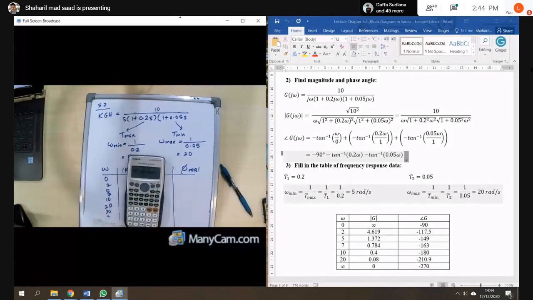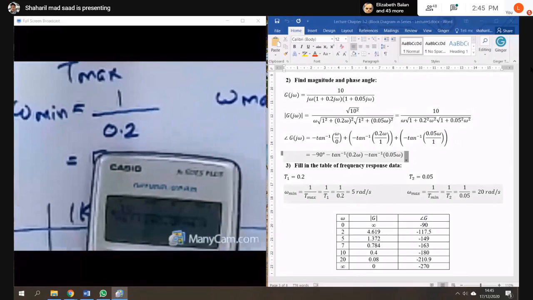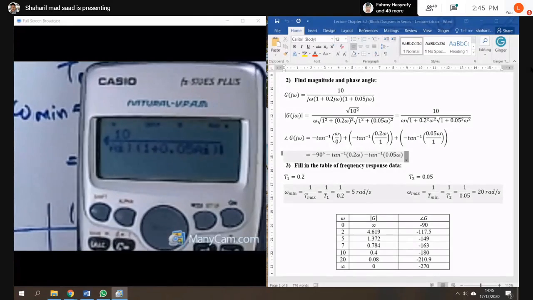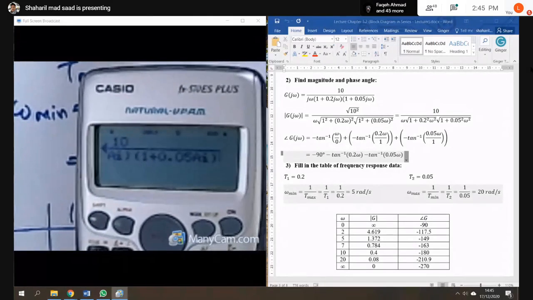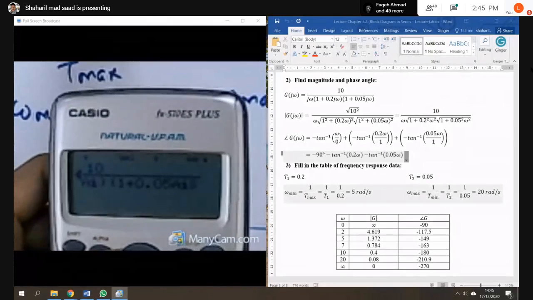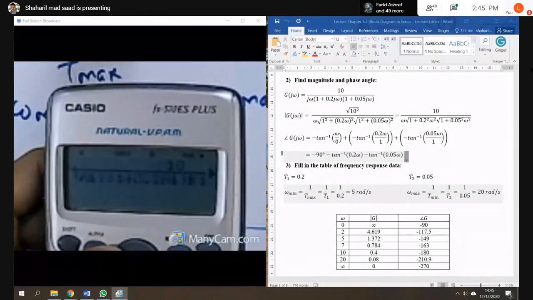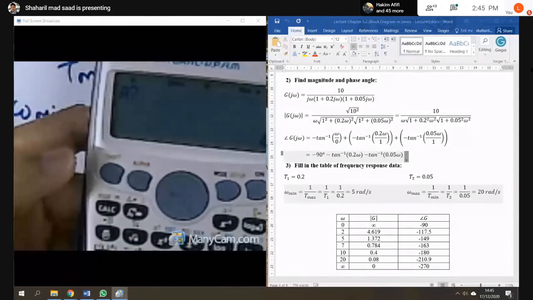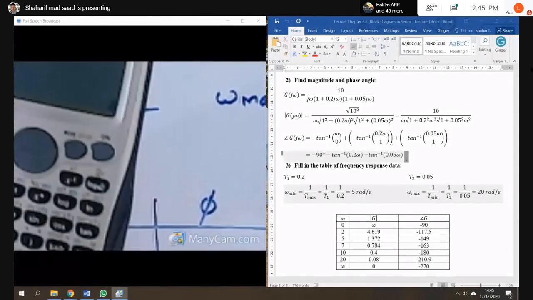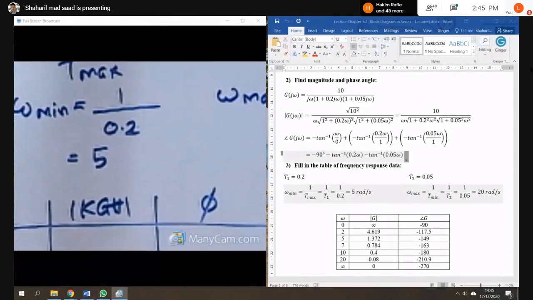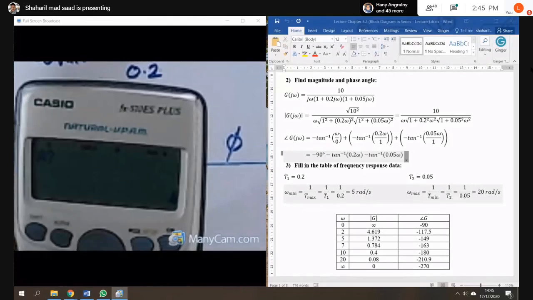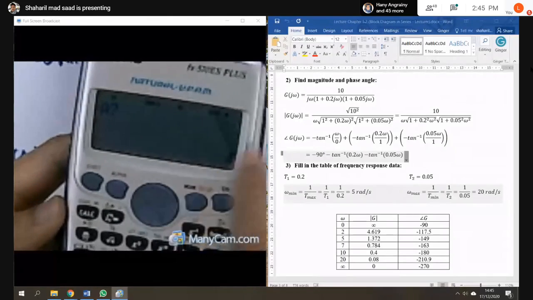Okay, this is what you're going to put in here. Then you can press calculate. Now omega equal to 0. When you try to put omega equal to 0, you get an error.